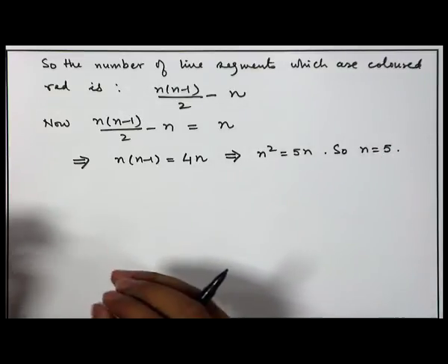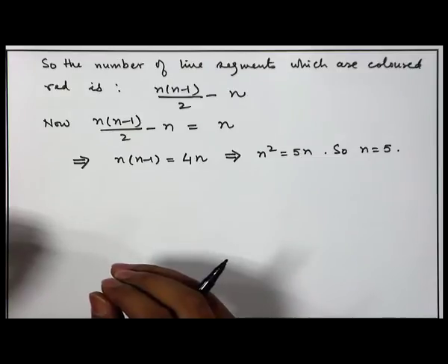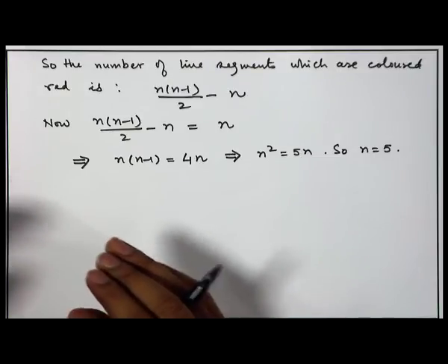That means, if there are 5 points chosen on a circle, and if we join the adjacent points with blue and non adjacent points with red, and if the number is same, then there will be exactly 5 points on the circle. So, this is a simple counting problem. Here we have made use of the combination, that is n C 2.